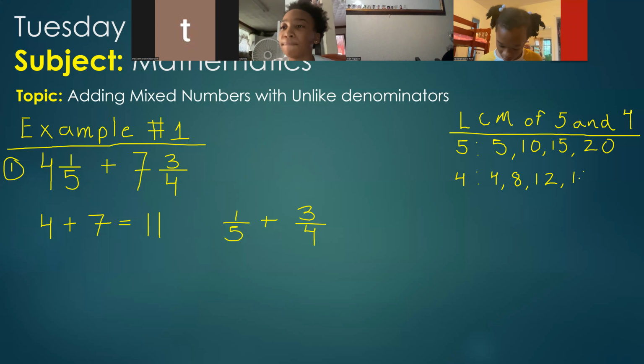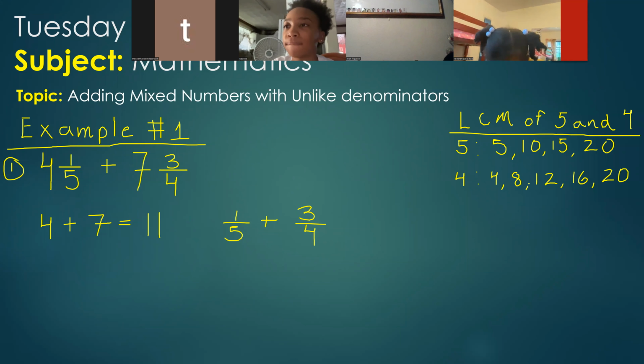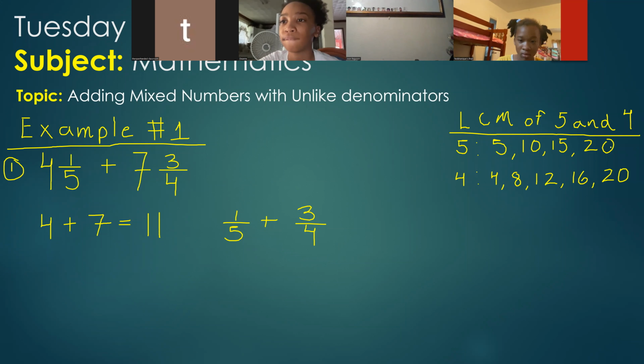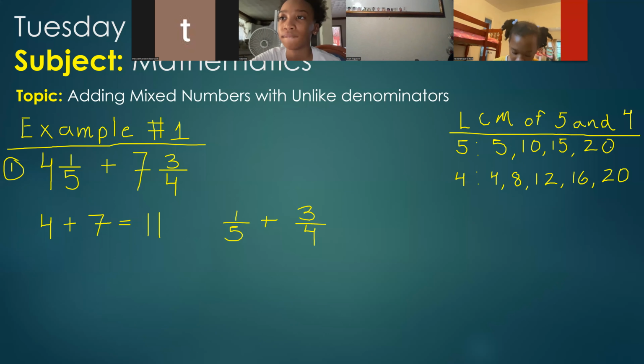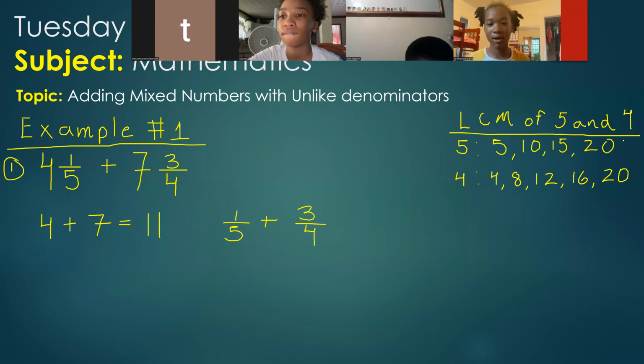Very good. So what's the lowest common multiple of 4 and 5? It's 20. Very good.